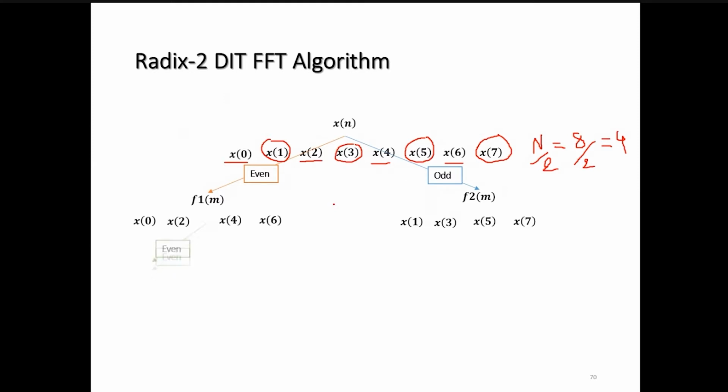Now again we apply the decimation and split f1m into two sequences, p1l and p2l. Here the terms are f1 0, f1 1, f1 2 and f1 3. p1l contains f10 and f12, so the even terms from this sequence are x0 and x4.